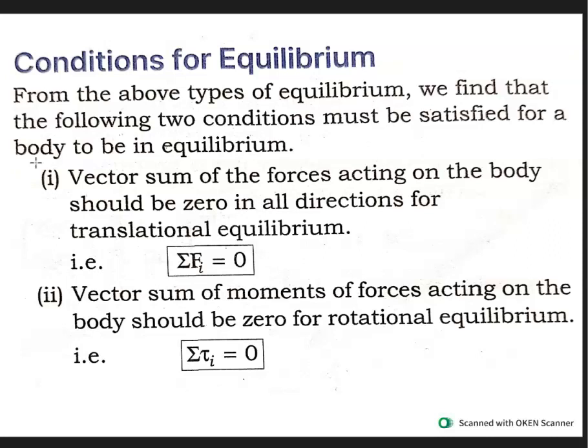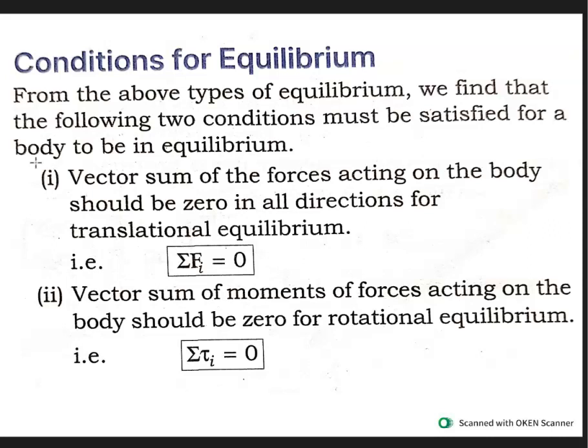Remember, when we are talking about translational equilibrium, we are not talking about turning effect. For example, a book lying on a table does not move, not because there are no forces acting. There are two forces acting on it, but both the forces are balancing each other.